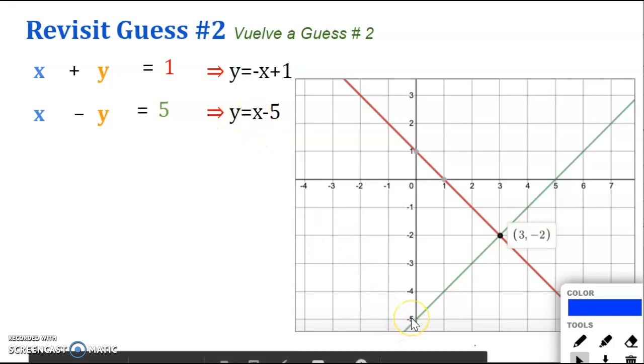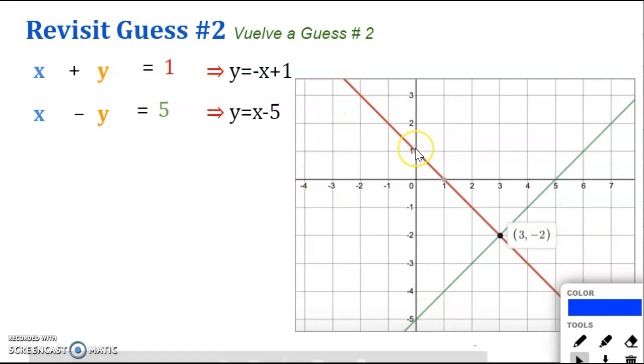You can see the y-intercept of -5 and the slope of 1, and the y-intercept of positive 1 and the slope of -1. So this tells me where the two lines intersect, where the two conditions are satisfied, which is when x is equal to 3 and y is equal to -2. So the first number is 3 and the second number is -2.